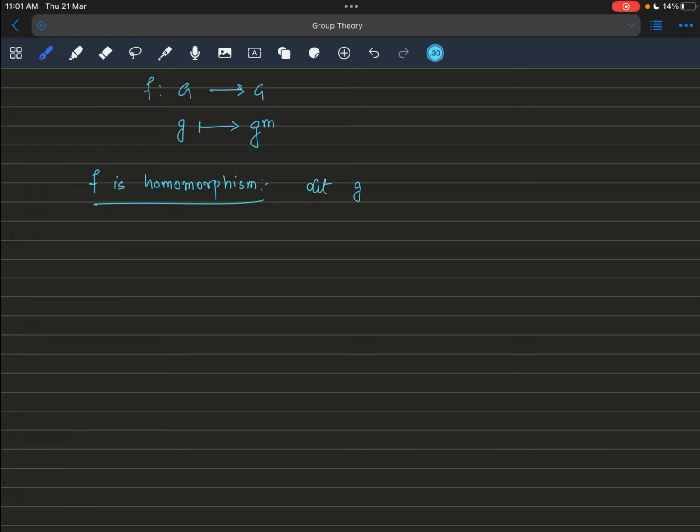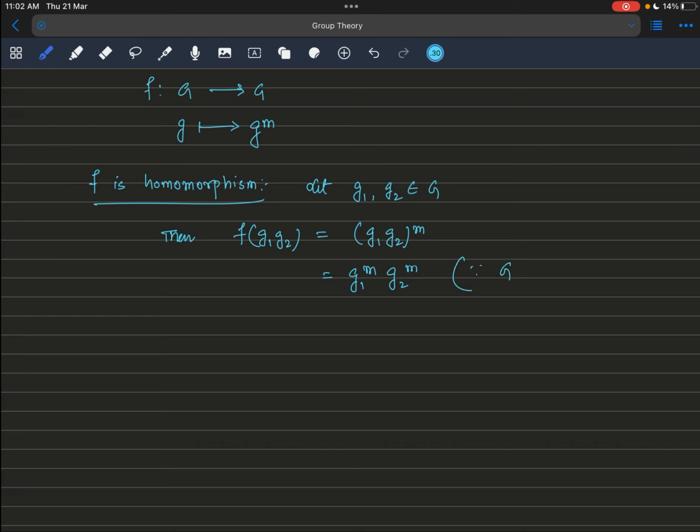Let g1 and g2 belong to G. Then f of g1 g2 is g1 g2 to the power m, which can be further written as g1 to the power m g2 to the power m. Why can we write this?